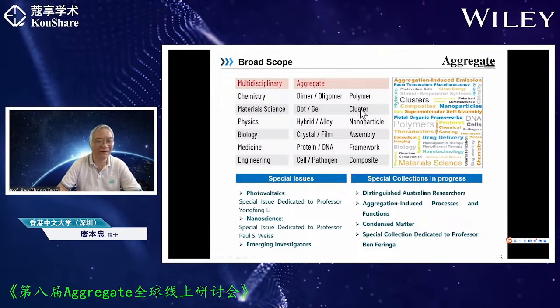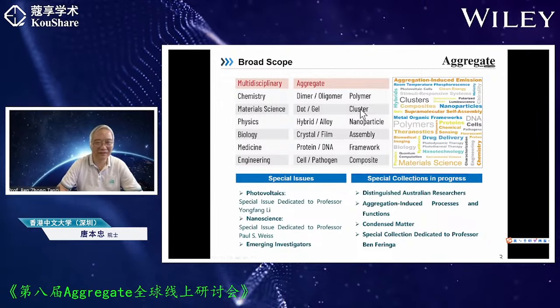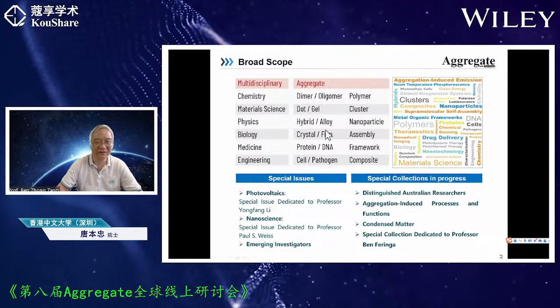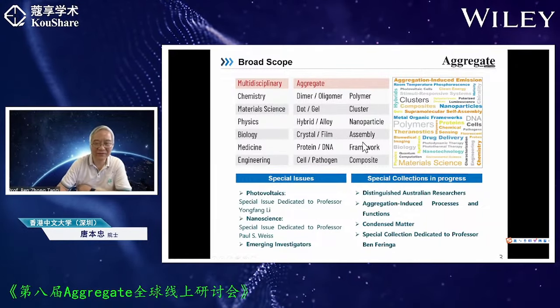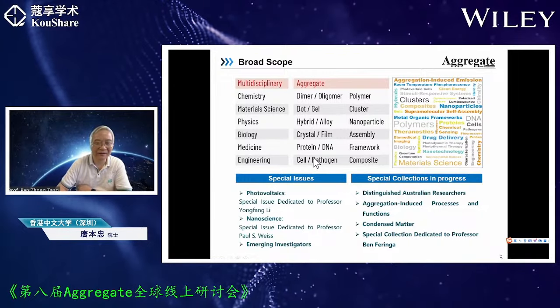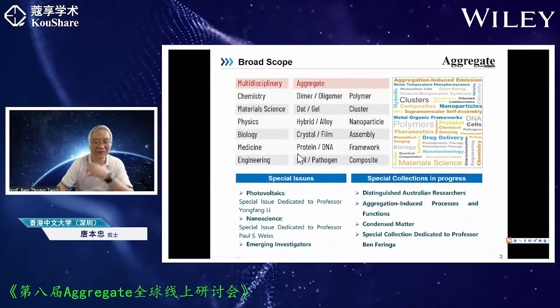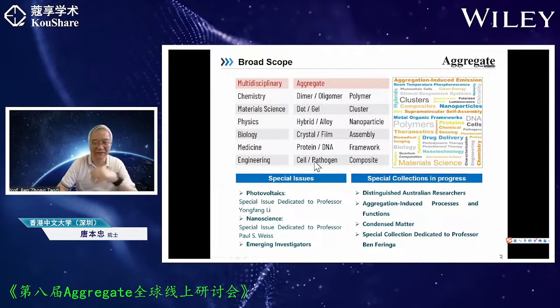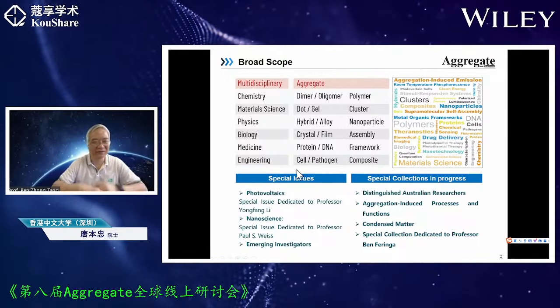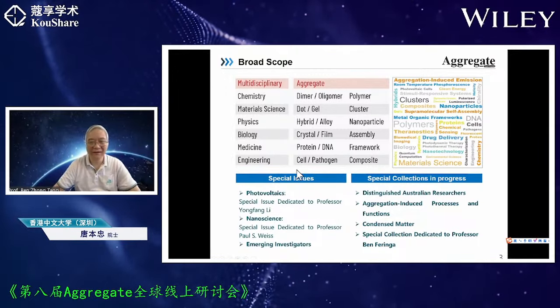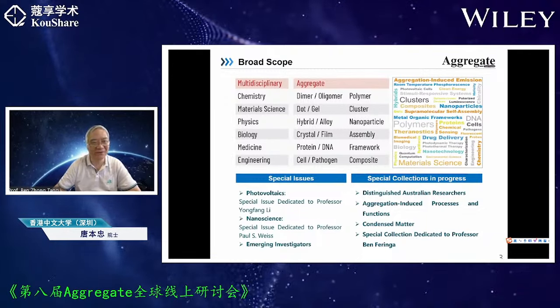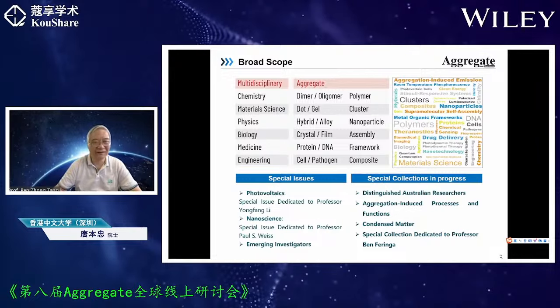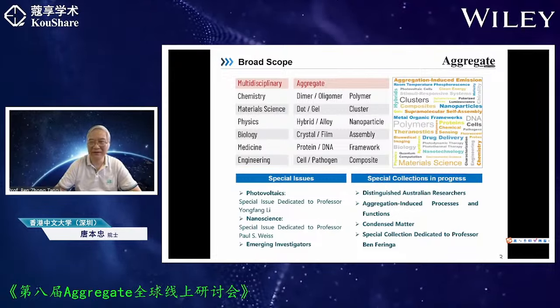Professor Xie has just talked about gold nanoclusters. You can also have hybrids, crystals, films, and in the biological field, proteins, DNAs, cells, pathogens, all kinds of things. In the materials field, you have frameworks like MOFs, COFs, HOFs, and composite materials.